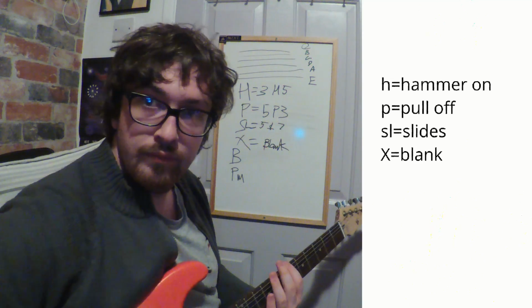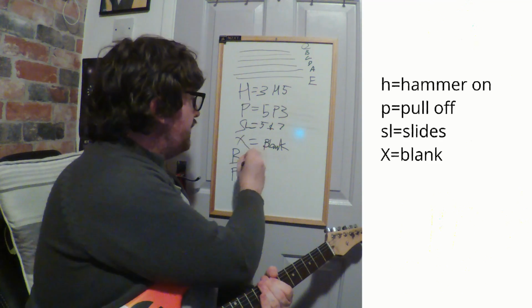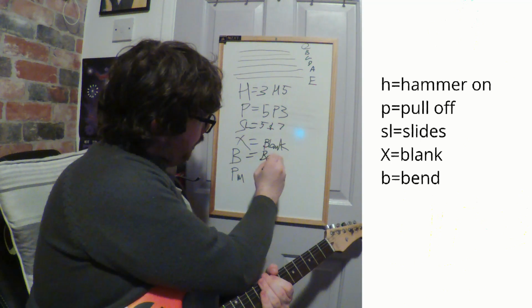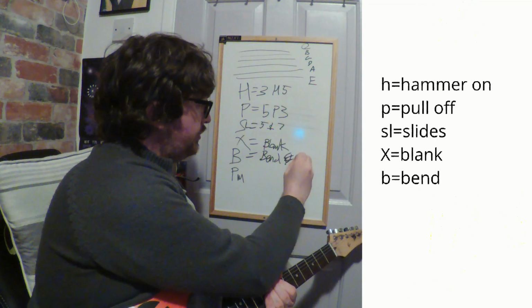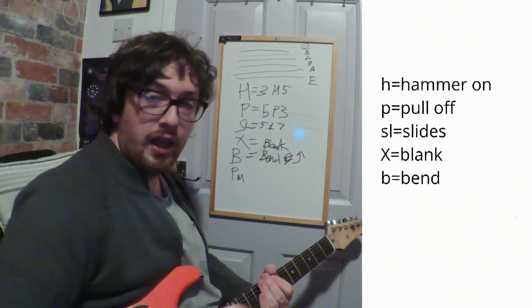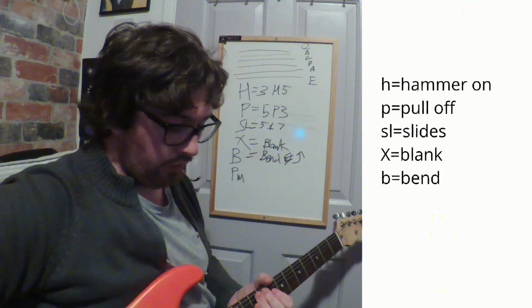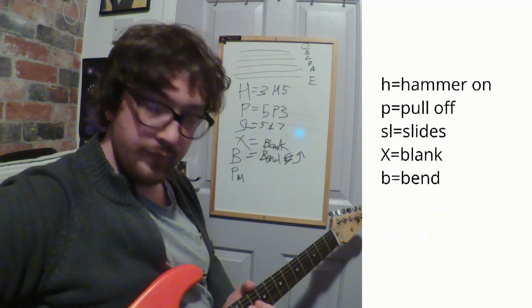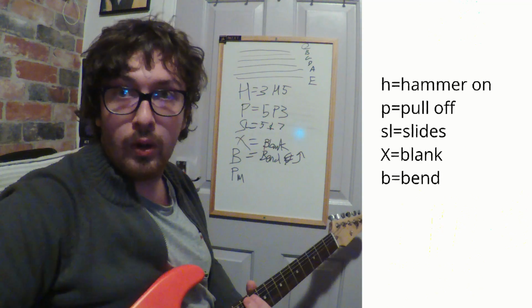B is a bend, and they are usually written like such, and it will tell you that by itself is a full bend, so skipping 2 frets up to another whole note.